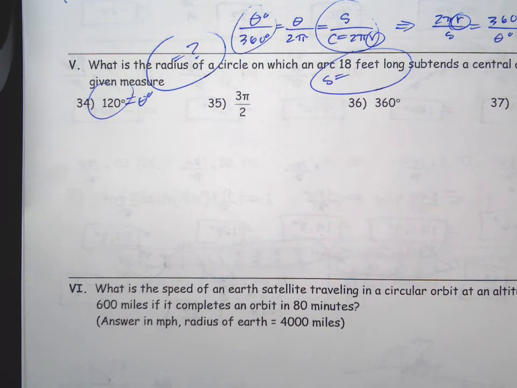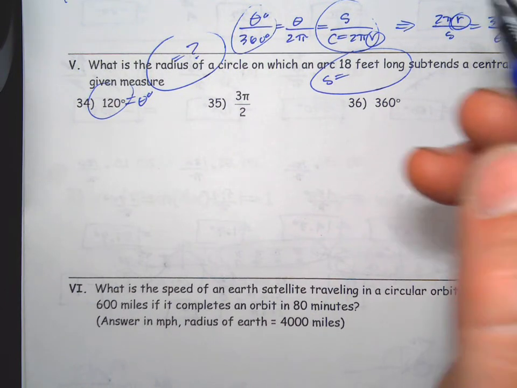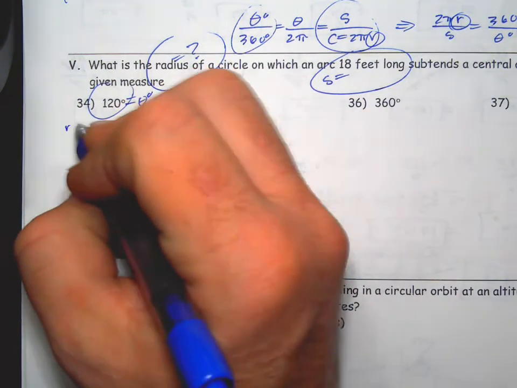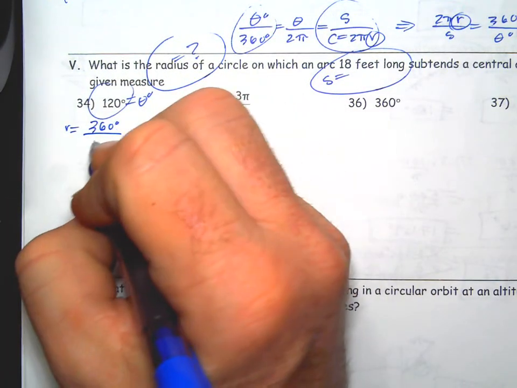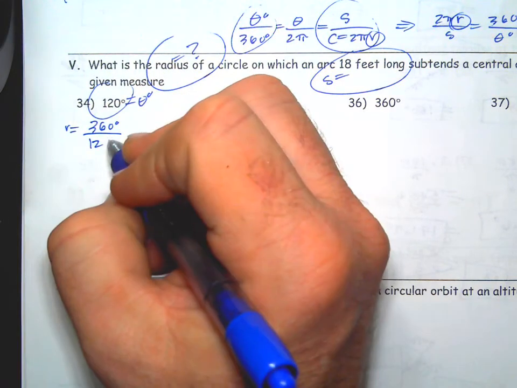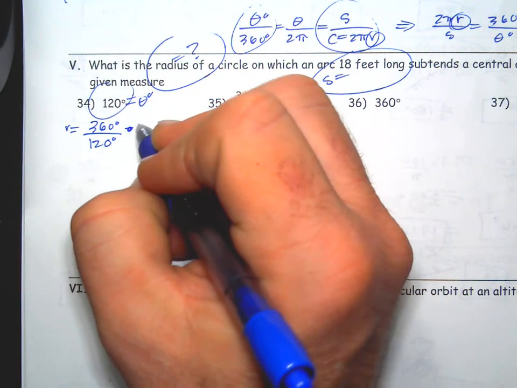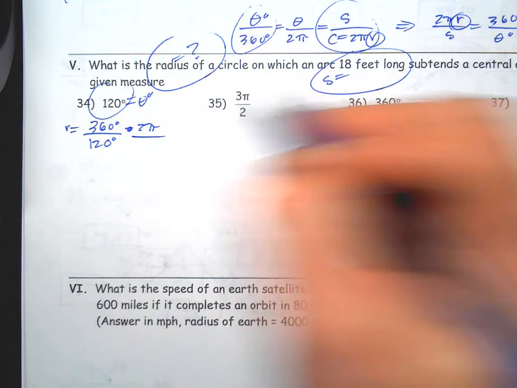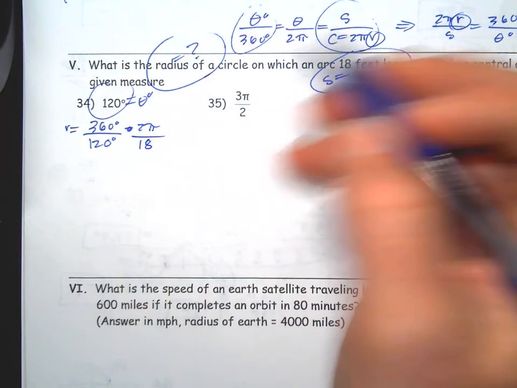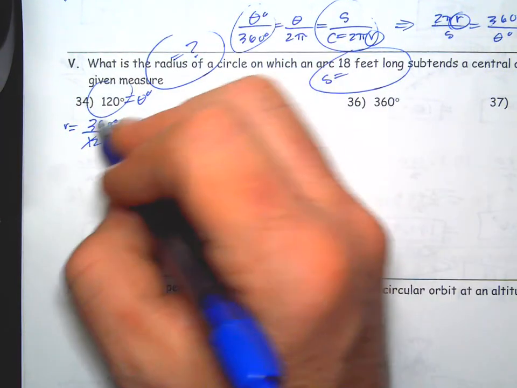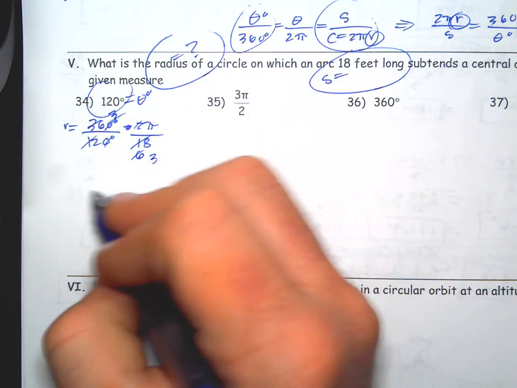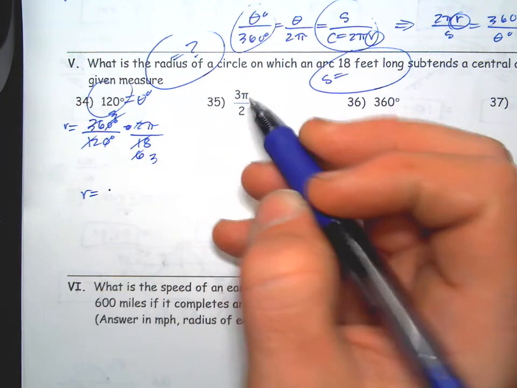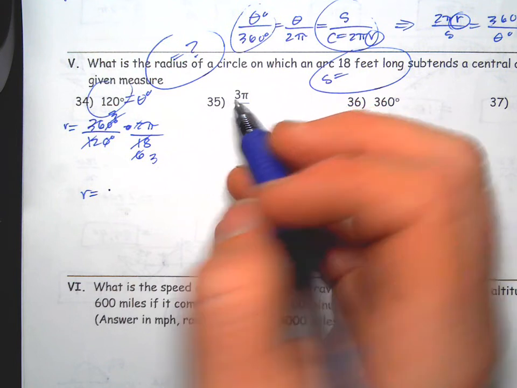So r is going to be 360 degrees over the angle, 120 degrees, times 2 pi over 18. We just have to simplify that. That goes in 3 times, that goes in 6, that goes in 3. R equals, oh no, I feel like I messed this up.